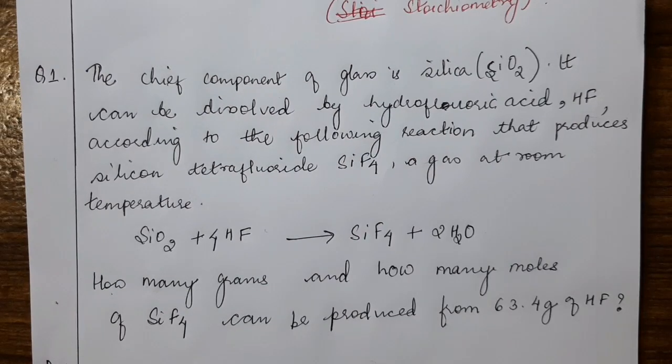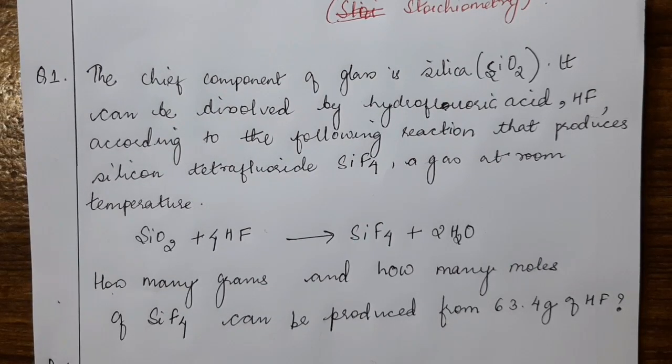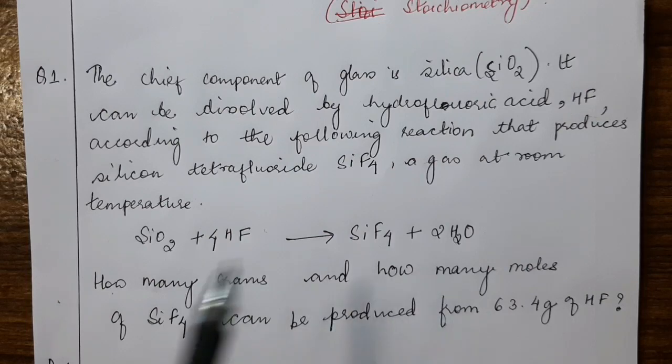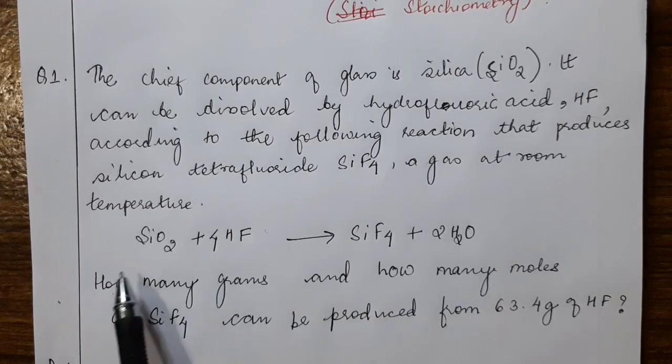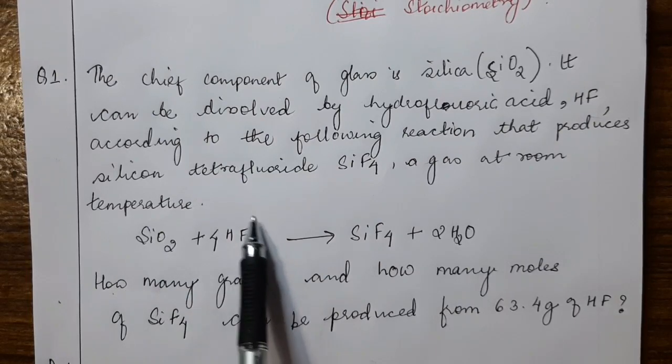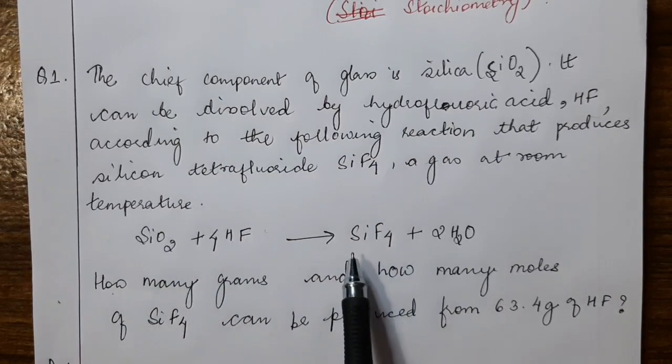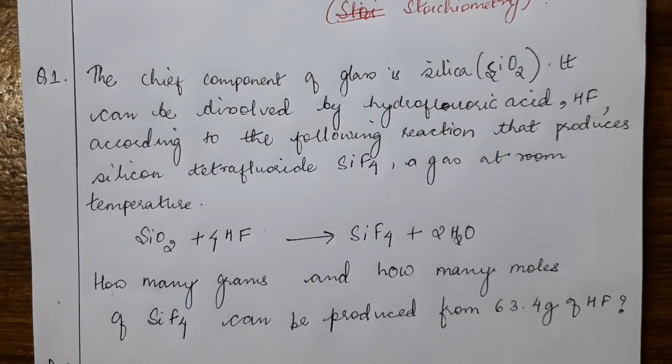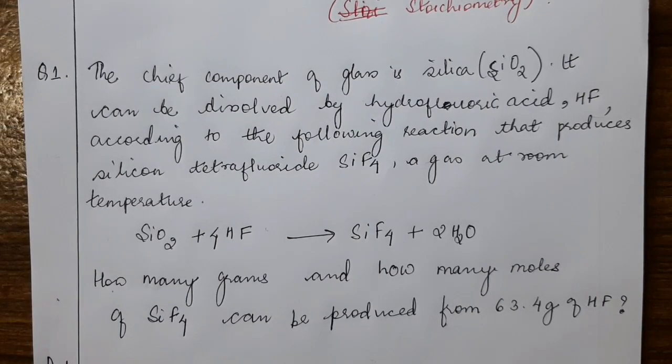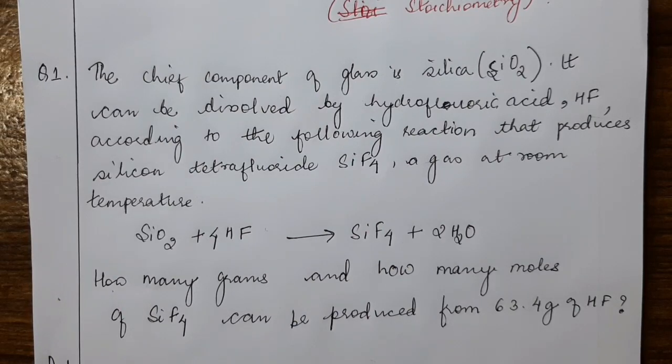Or sometimes you'll be given the volume, and you have to find the mass of the other. Suppose you are given the volume of HF, you have to find the mass of SiF4, mass of SiO2. Or sometimes you can be given the volume of one component and you have to find the volume of the other.